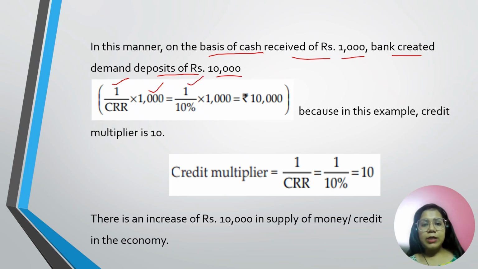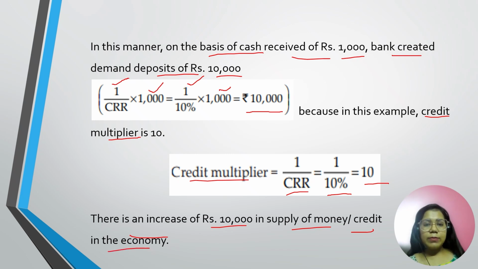So 1 upon 10% into 1000 rupees comes out to be 10,000 rupees, because in our example the credit multiplier is 10, and credit multiplier was 1 upon CRR, which is equal to 1 upon 10%, which is 10. So there is an increase of 10,000 rupees in the supply of money or credit in the economy.